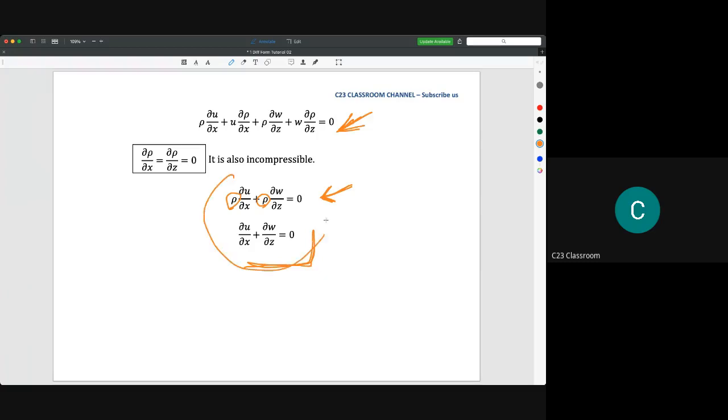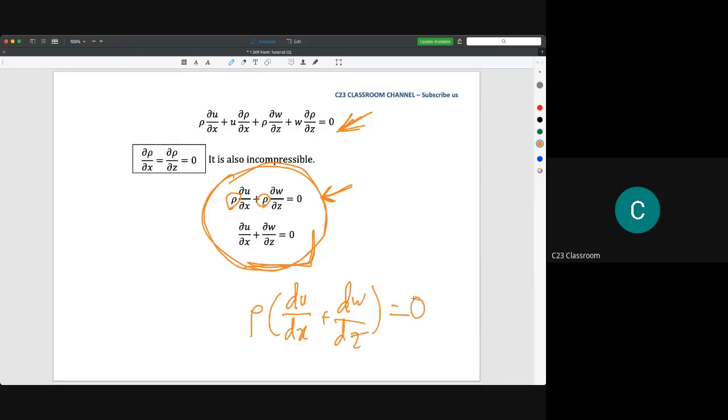This is the mathematical term. Please understand that we are not assuming the density is 0. What actually happened here is, if we factorize the value of rho, we could write rho, du dx plus dw dz, is equal to 0.